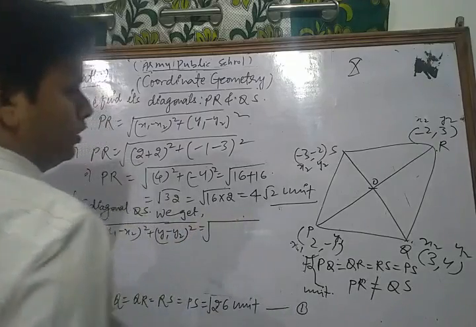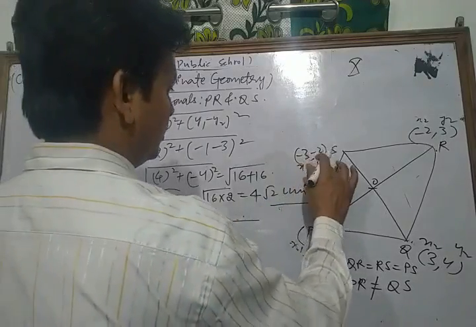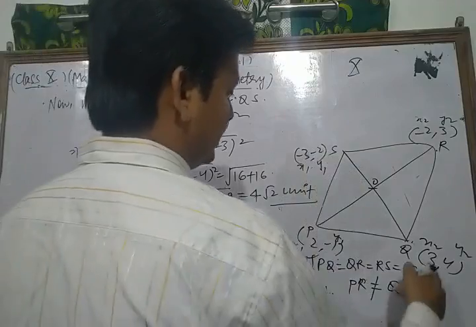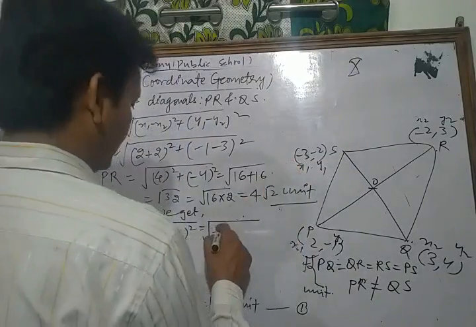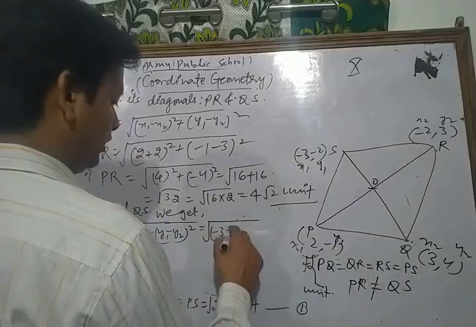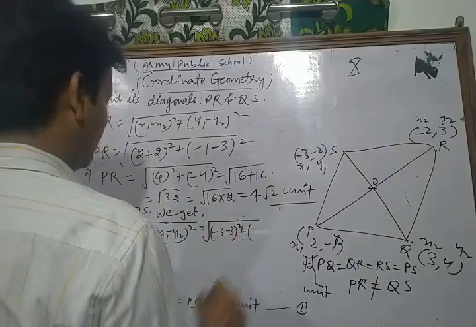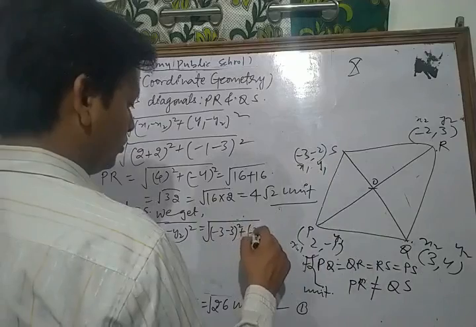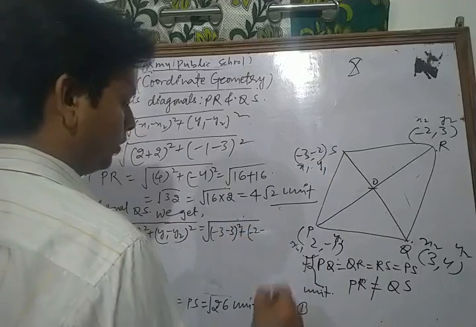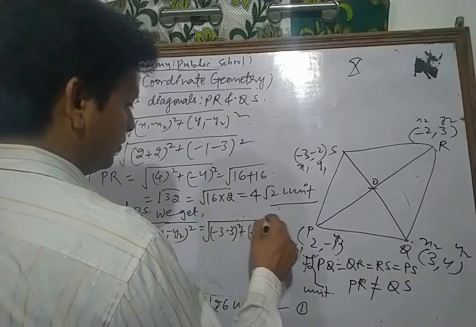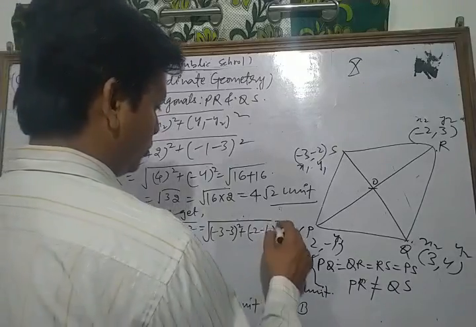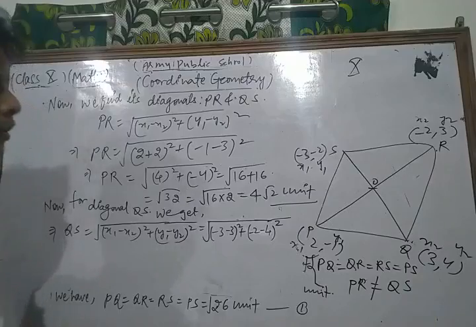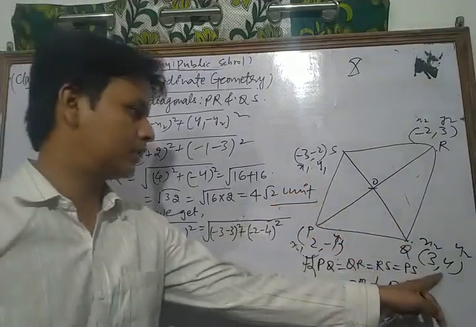Taking x1, y1 and x2, y2: x1 minus x2 is minus 3 minus 3, which is minus 6, and y1 minus y2 is minus 2 minus 4, which is minus 6.